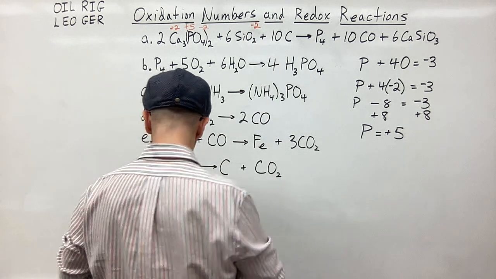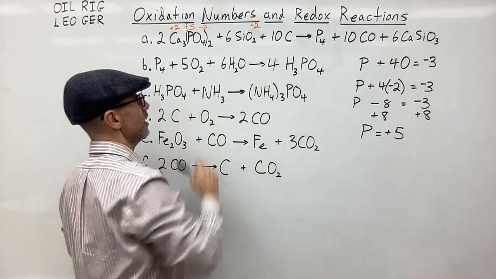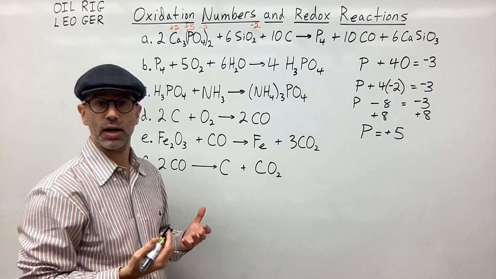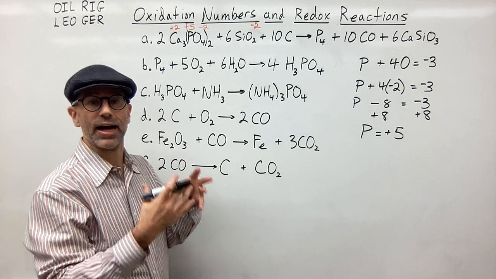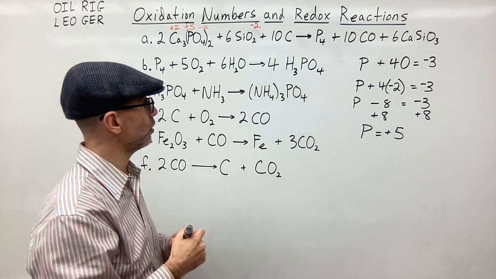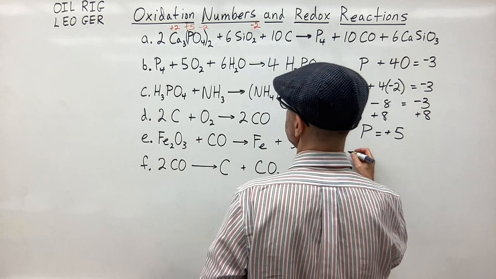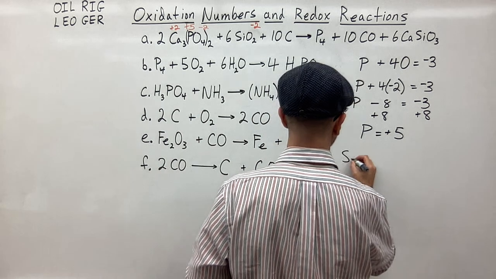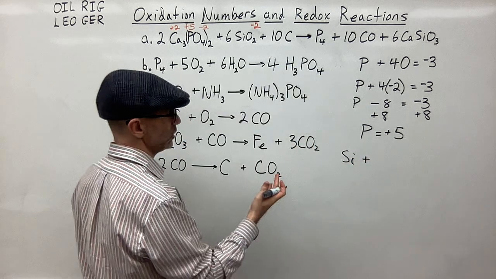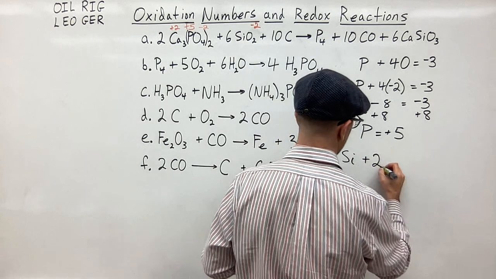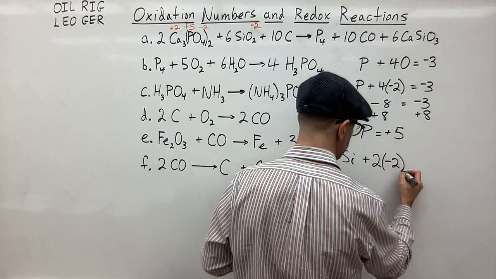So I'll do silicon. I know that since there's no charge on SiO2, the sum of all of the oxidation states should add to 0, since the overall charge is 0 on this. It's a molecule, not an ionic compound. So I know that the oxidation state of silicon plus, now I have 2 oxygens, so whatever the oxidation state is, I have to multiply by 2. And then oxygen is going to be a -2.